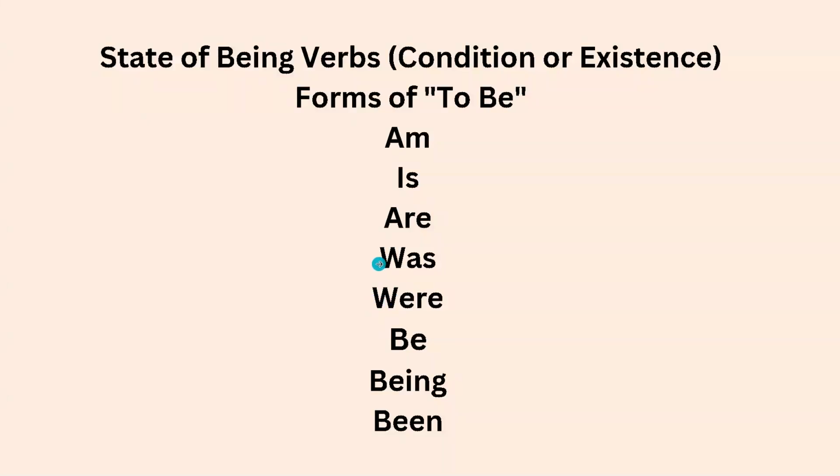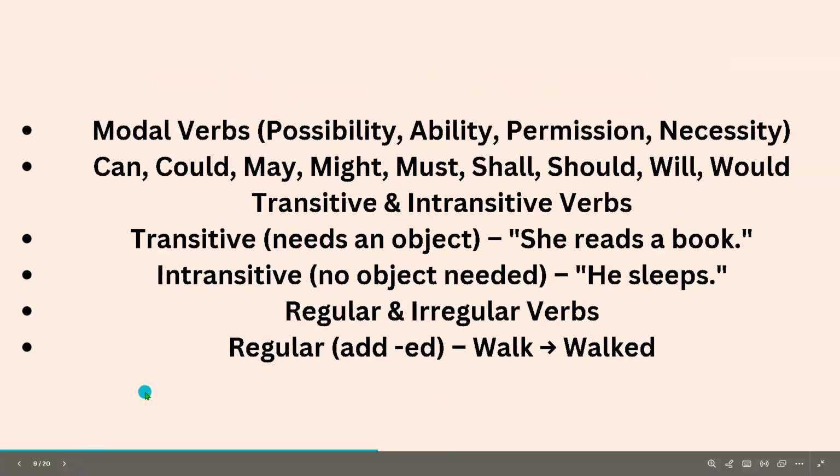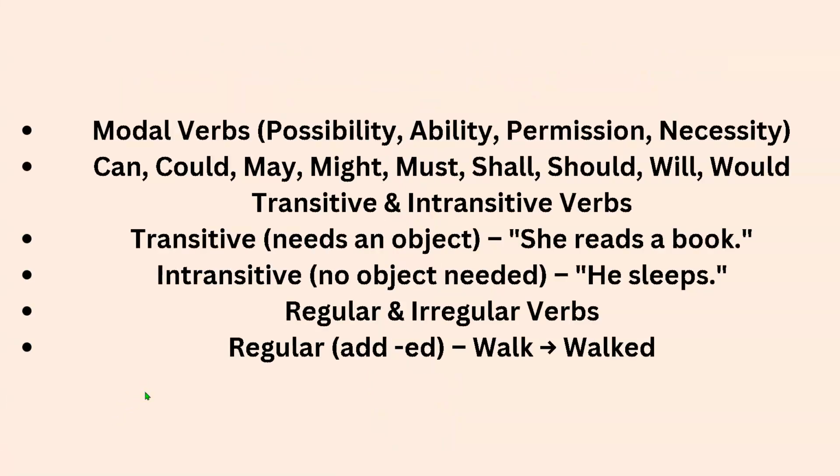I was, he was, she was. They are in plural. Okay, we use are. And I am, he is, she is. Okay, in the same way, be, being, and been are also used. He has been, he is being taught.